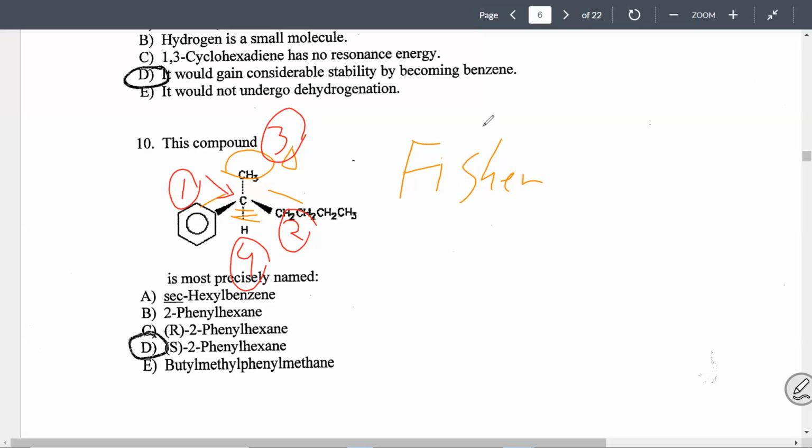Now, how did you guys learn this portion? You dash out the bottom. The way that I used to explain it was that the dash one, you're always gonna cross it out, no matter the priority. And then you just trace your circle and we go to the left, which means that it's S. But if we had priority number 1 or 3 on the dash one, then we had to flip it.